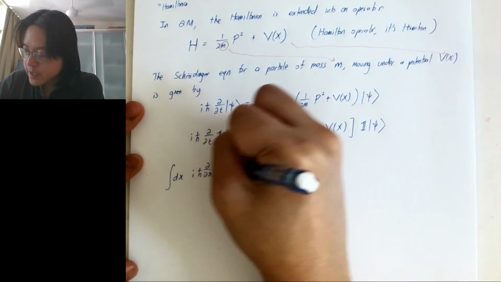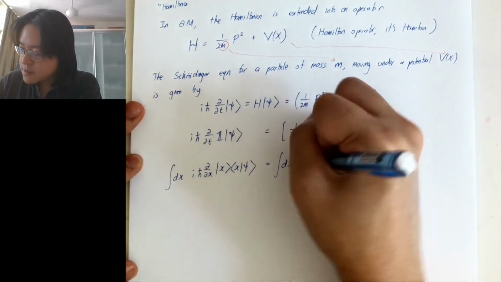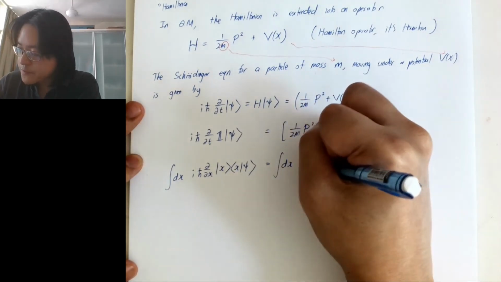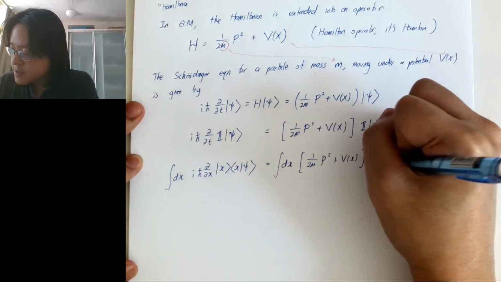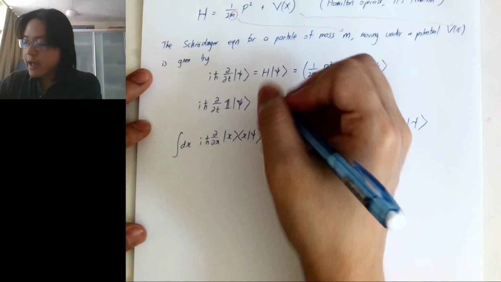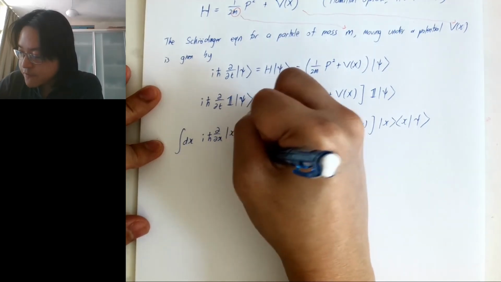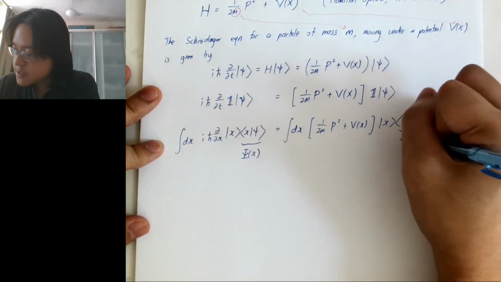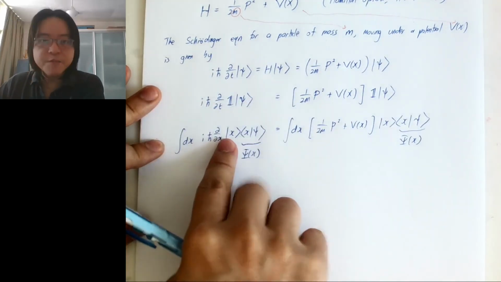Right, so this is ket bra x. So this becomes the integral of 1 over 2m p squared plus V(x), and then this becomes the ket bra x, right? And I have shown you that this gives me the position wave function. So this is actually the position wave function with the basis.